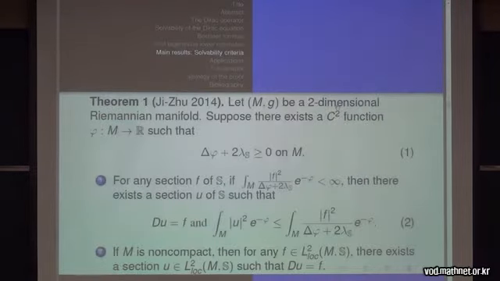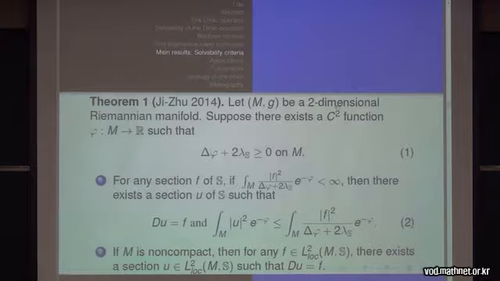Now, this is our result. The first says that if M is a two-dimensional Riemannian manifold, and suppose there is a C2 function, and the C2 function comes from a homogeneous estimate.